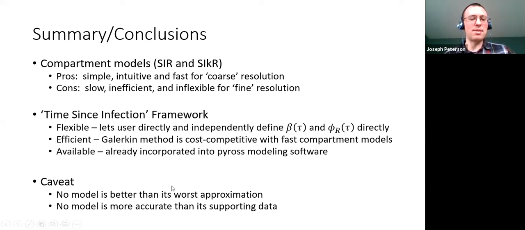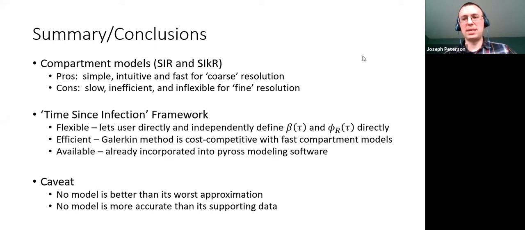The caveat that I would raise here is that yes, it's possible to do time-since-infection models at a similar cost to a compartment model, but no model is better than its worst approximation, and no model is more accurate than its supporting data.